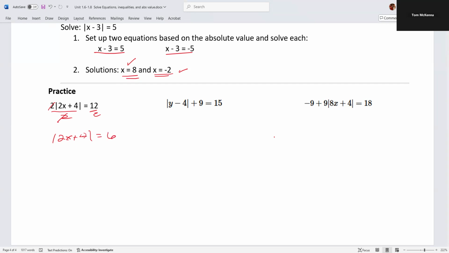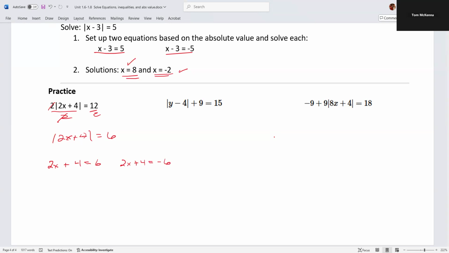And now that I have the absolute value isolated, I can then set up two equations: 2x plus 4 is equal to 6, and 2x plus 4 is equal to negative 6.